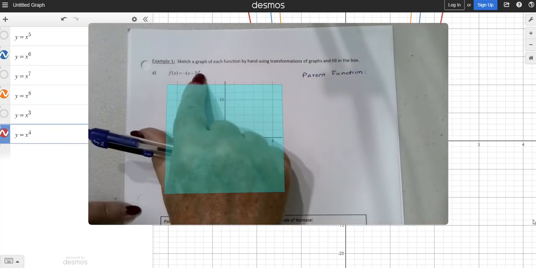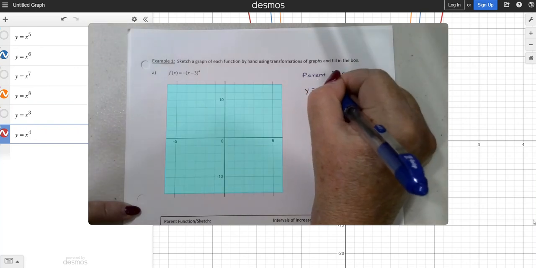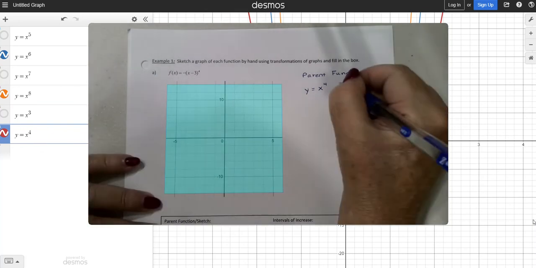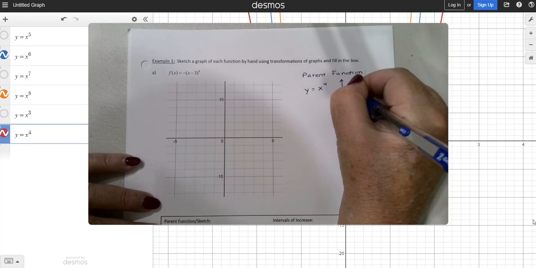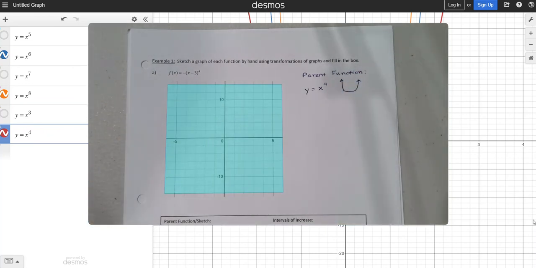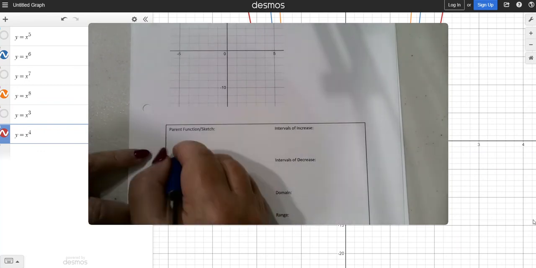Since this is a fourth power, I'm thinking my parent function would just be y equals x to the fourth before all the transformations were in place. And just for my own memory, it's an even power, so I know it would graph as kind of that flattened parabola. Oops, and you know what? I'm sorry. There was a space for me to put that in the boxes down here. Let me do that.